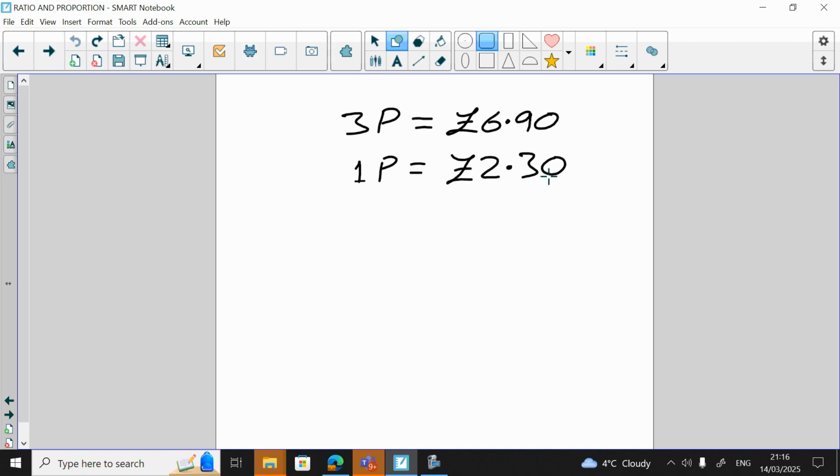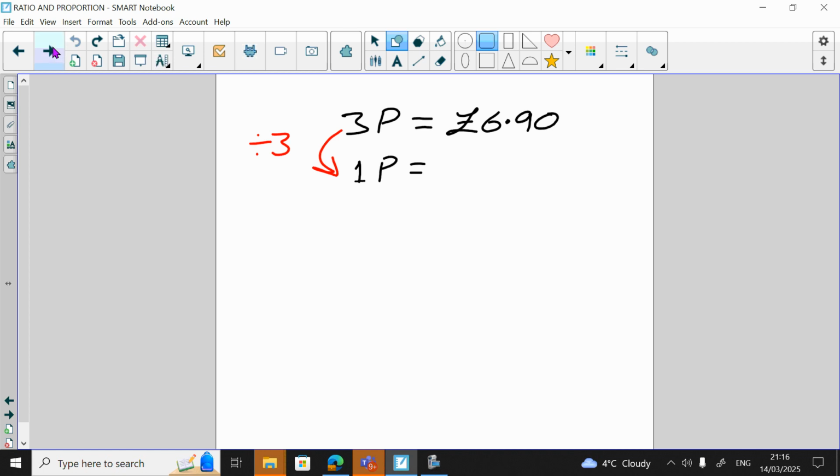How does it get £2.30? Maybe divide that by 3. And then for 7, maybe multiply up by 7. Let's see. So divide that by 3 to get 1 unit.